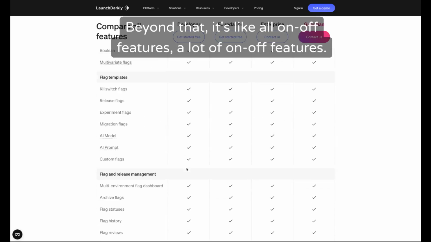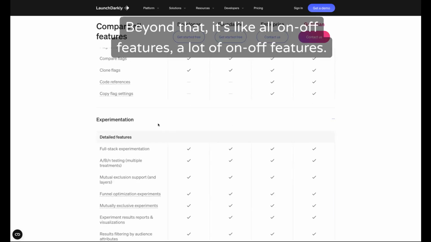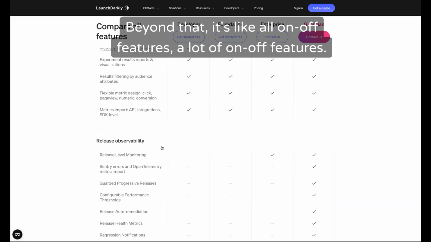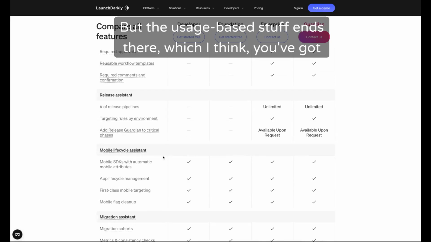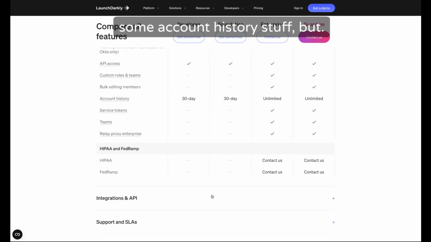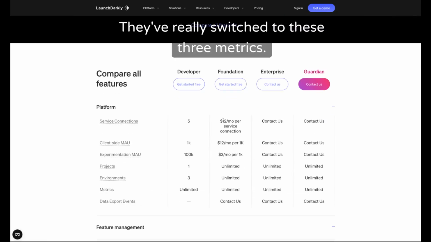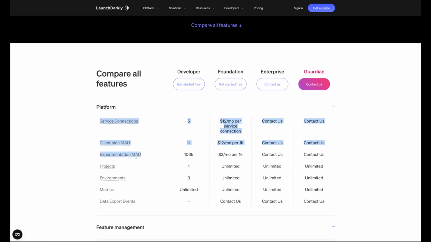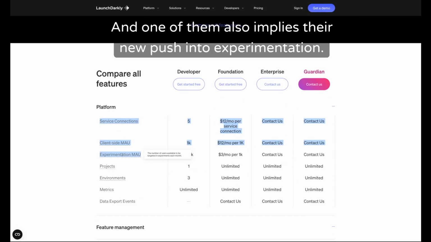Beyond that, it's a lot of on-off features, but the usage-based stuff ends there. You've got some account history stuff, but they've really switched to these 3 metrics. And one of them also implies their new push into experimentation.